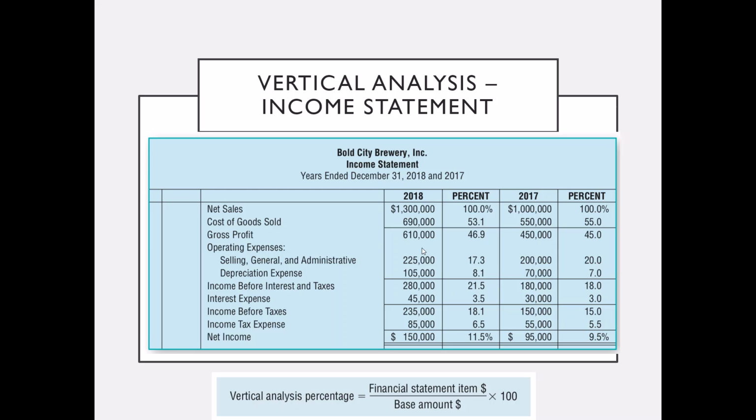For example, a very common one is the cost of goods sold. How much does the cost of goods sold cost the company in terms of the net sales? Said another way, for Bold City Brewing, you can see there is a 53.1% cost of goods sold. For every $1 of goods they sell, 53 cents goes into making that good.